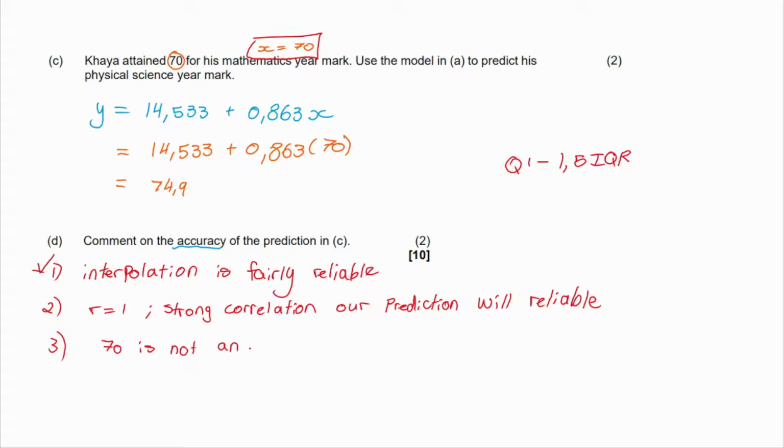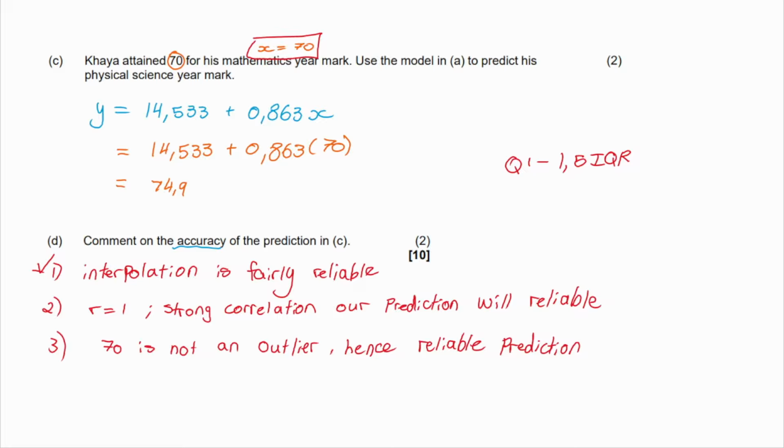But you could say 70 is not an outlier, hence reliable prediction. I prefer number 1 because it's the most general thing. If you're extrapolating, you can say extrapolation is not always reliable, and if we're interpolating, it is fairly reliable. So I would stick with that.